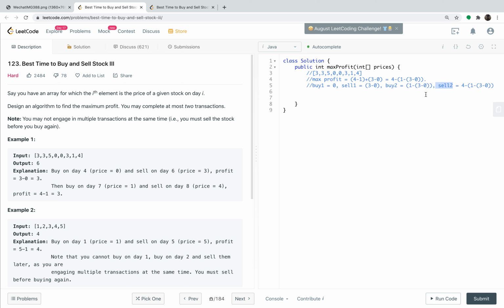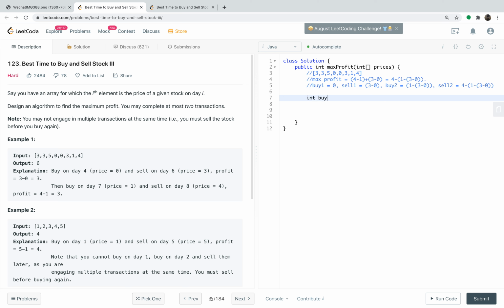Actually, this idea is kind of like best time to buy and sell stock number one, but right now we have transaction limitations. So let's see how to write the code.